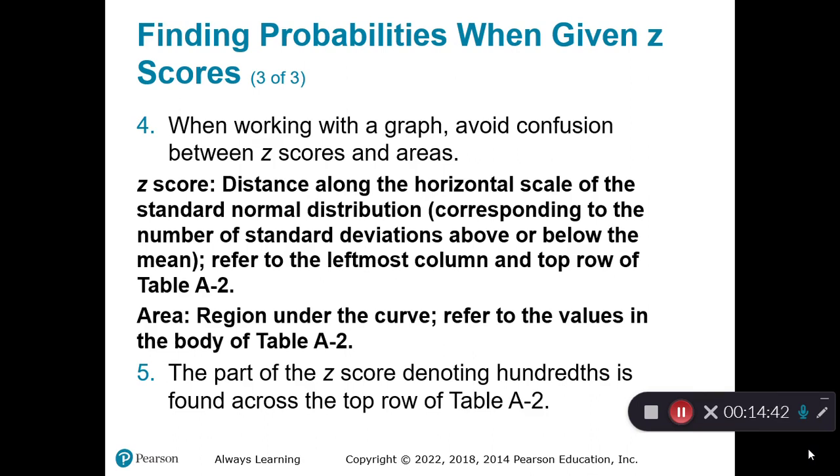Refer to the leftmost column and the top row of Table A2. I know that was a mouthful. We're going to practice how to find z-scores and how to relate them to areas as we explore the z-score table. The part of the z-score that denotes the second decimal place, which is the hundredths place, is found across the top of the table.